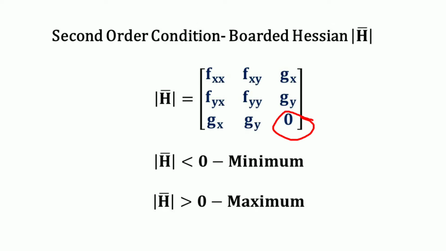If the bordered Hessian determinant value is less than 0, then the function is at a minimum, and if the bordered Hessian determinant value is greater than 0, then the function is at a maximum.